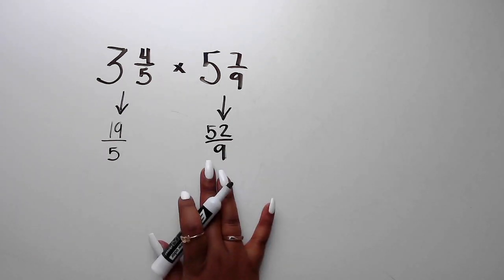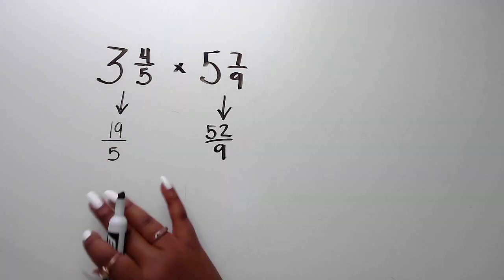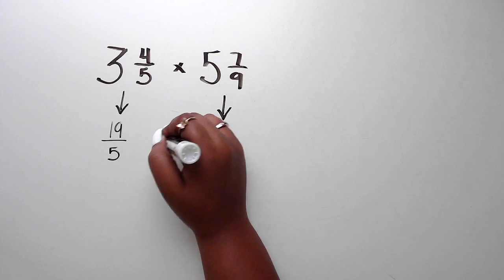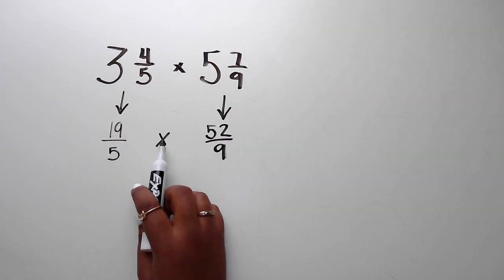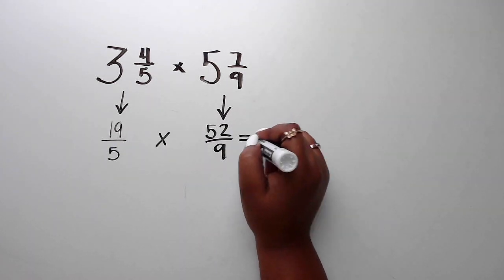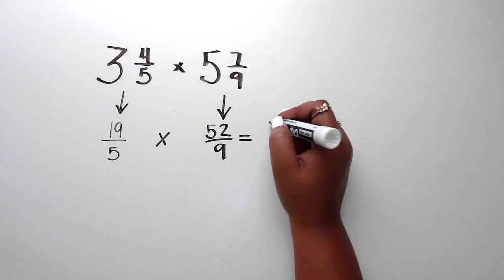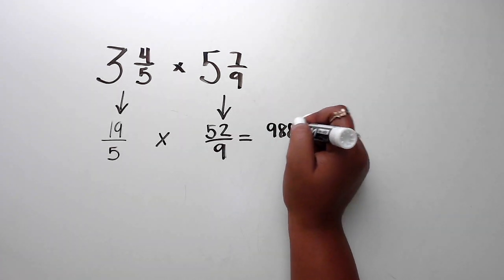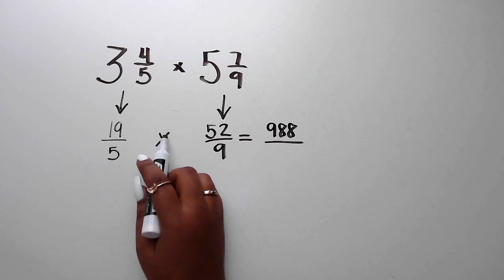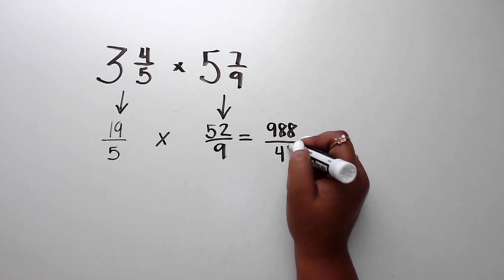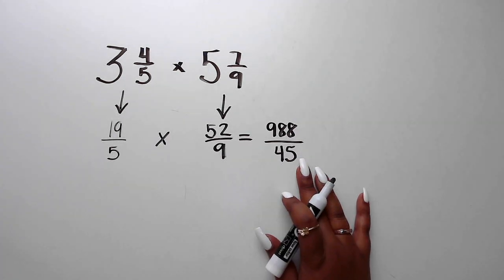Now that we have them as fractions greater than 1, we can treat them like fractions less than 1 and multiply across. 19 times 52 is 988. 5 times 9 is 45. This is an answer.